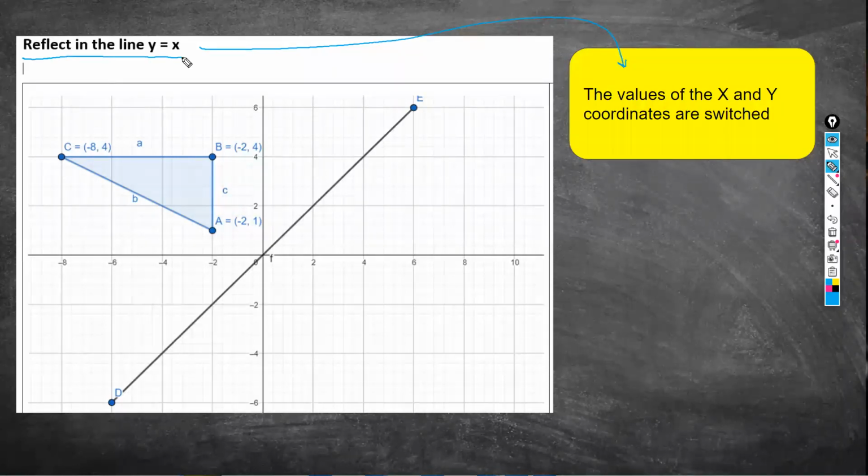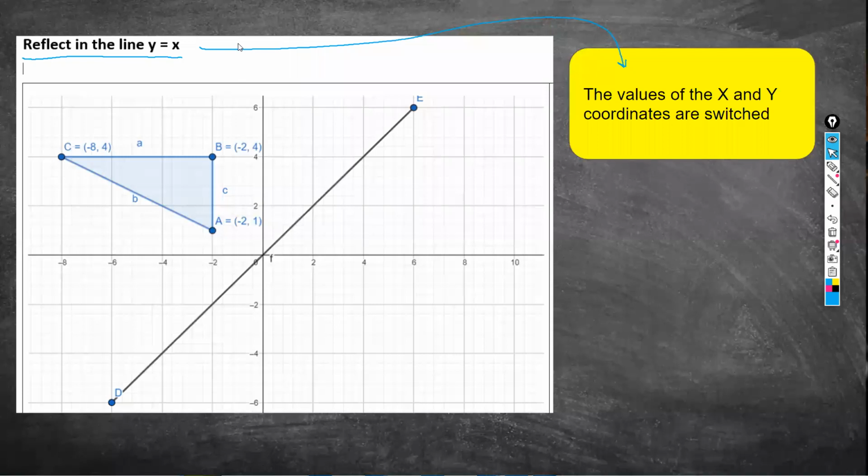That's the instructions on how to reflect something in the line y is equal to x. And last week, I believe that I showed you what the line y equal to x would look like. It's a special line in maths that I hope you commit to memory, right? Right, so give you a few seconds for that and we'll try the question together.